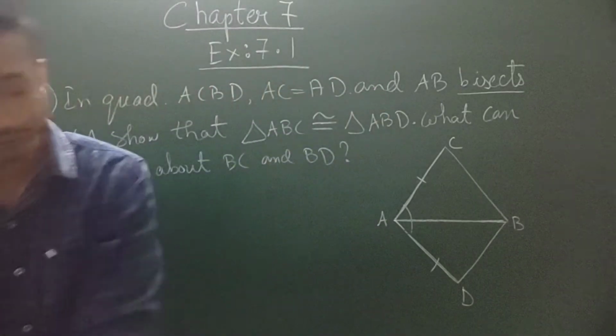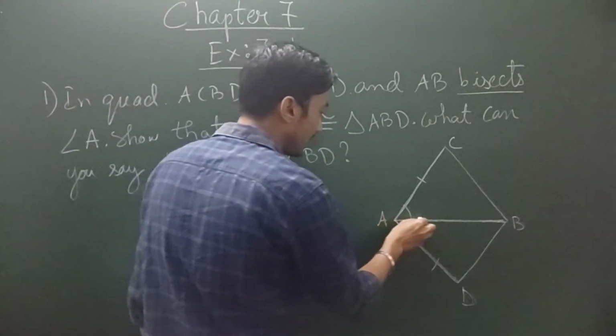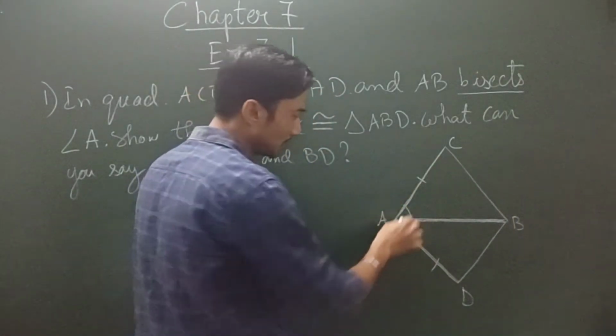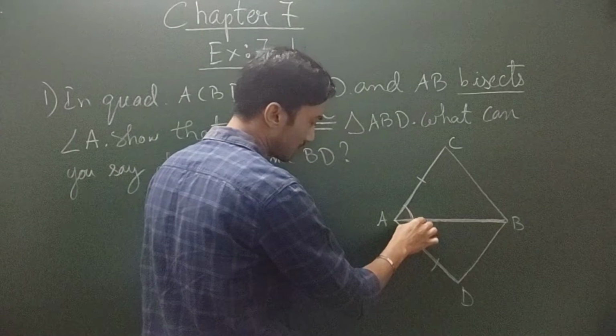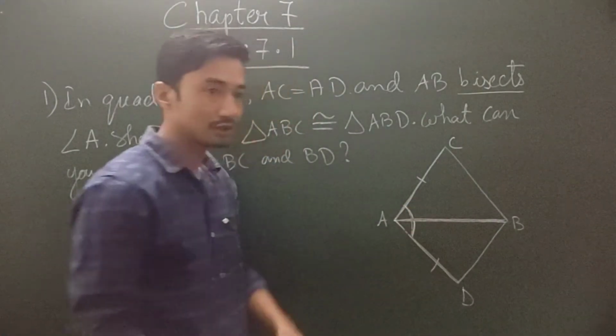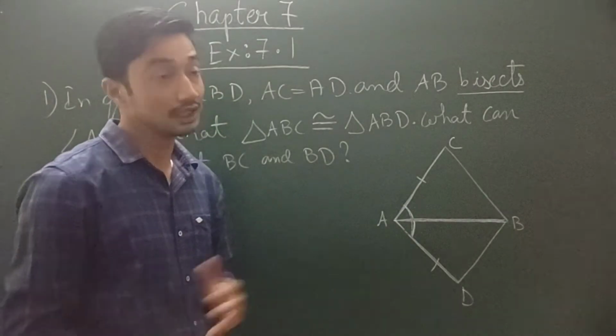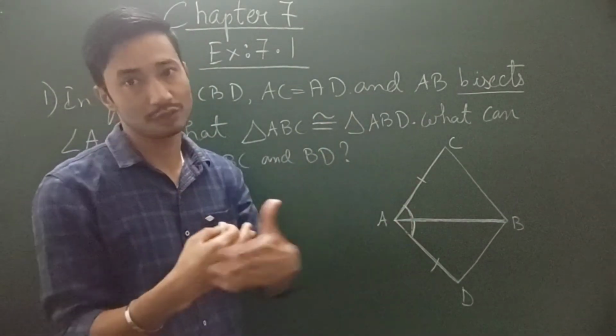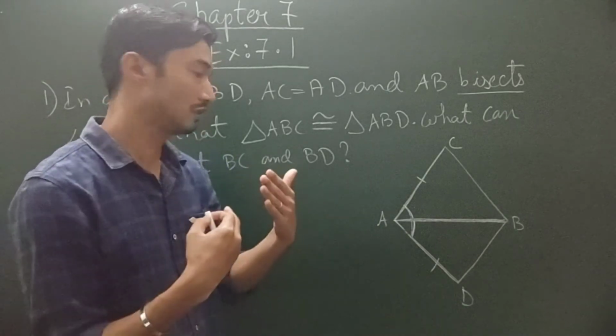That means this line AB is cutting the angle into 2 equal parts, same angle. That means if this is 30, this is also going to be 30. So the word bisect is generally used like that. If it's bisecting a line, that means the line is also cut into 2 halves. That's what it means.